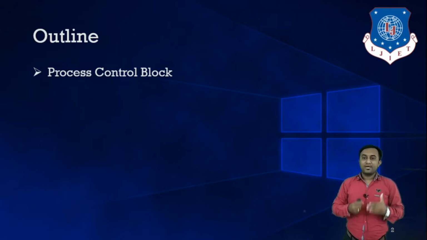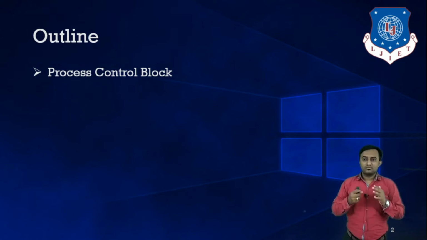Operating system is responsible to create a process. Then that process will be executed in the CPU. So, operating system will fetch one program from the secondary memory and put it into main memory for later execution.